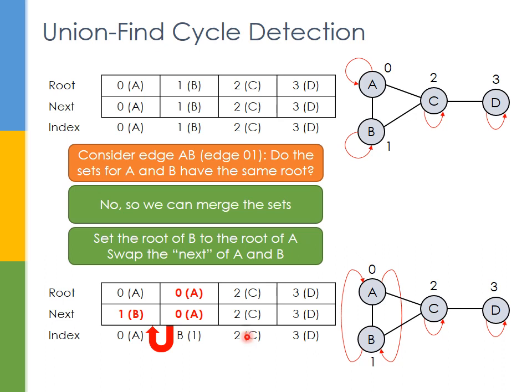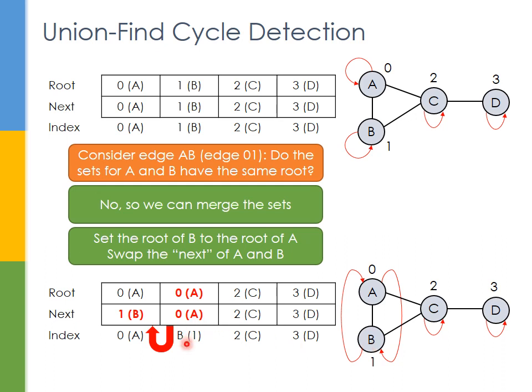Well, we can see that sets C and D are still within their own sets. They are not connected to any other sets. However, we have joined sets A and B over here. So both of them have a root of 0. However, set A's next is 1, in other words, B. So we have this connection over here.